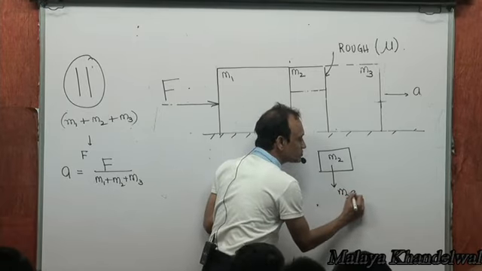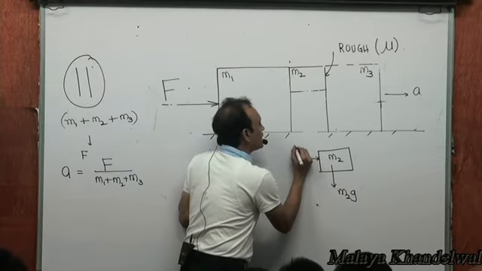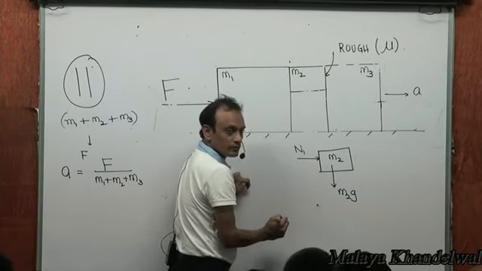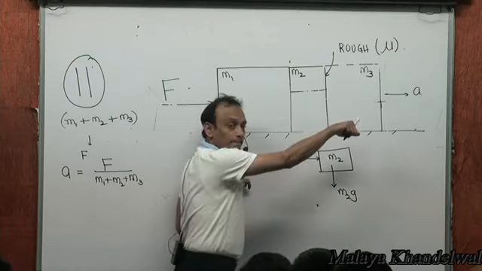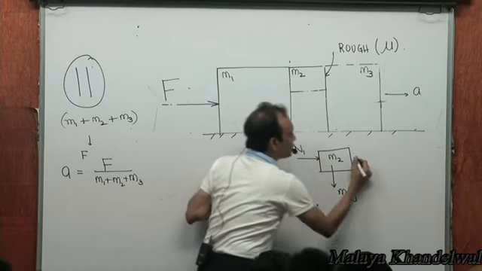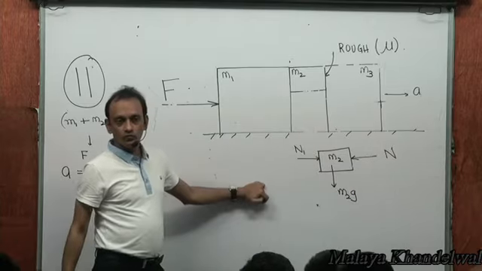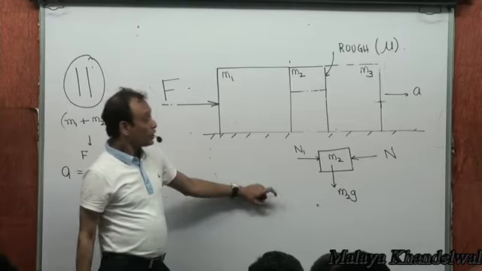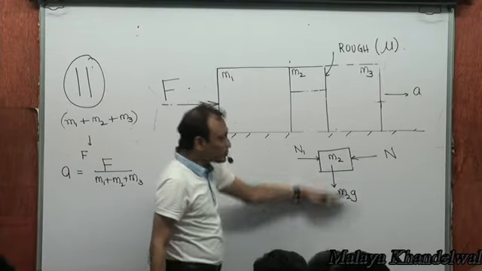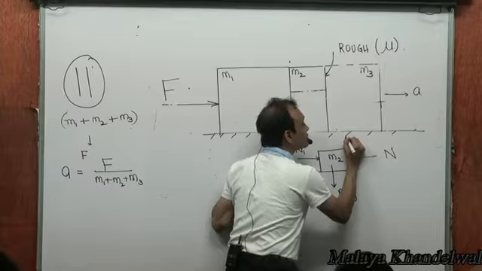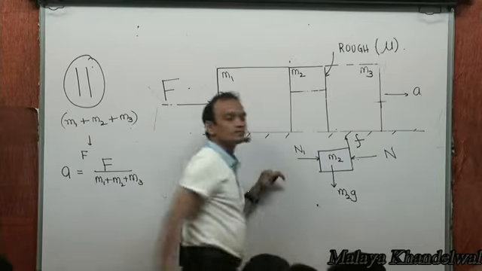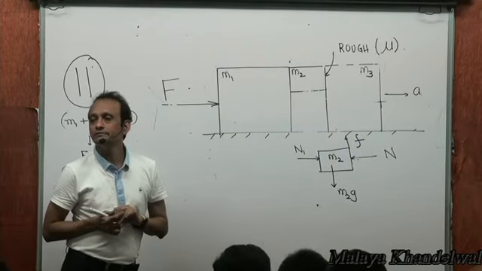M1 will exert on M2 a normal reaction, say N1. M3 will exert on M2 a normal reaction N. M2 has a propensity to slide down, so M3 will exert on M2 a frictional force f upwards.